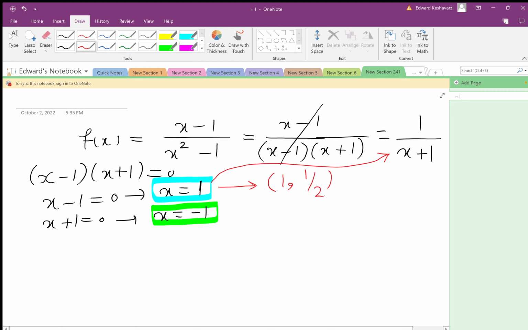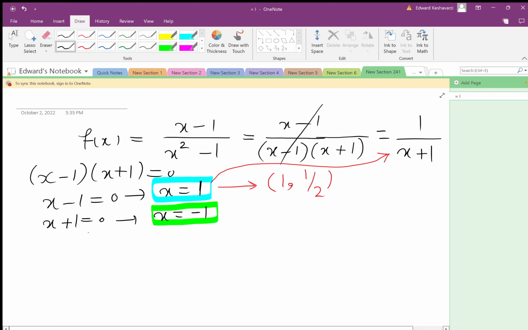So the coordinates of the removable discontinuity is 1 and 1/2, and the equation of vertical asymptote is x equals -1. Again, first you simplify. Those denominators that remain after simplifying give you the vertical asymptotes, but the one that you canceled will give you the removable discontinuities.